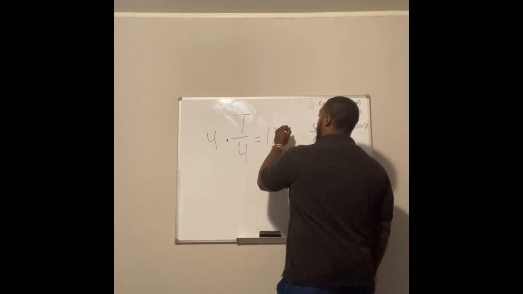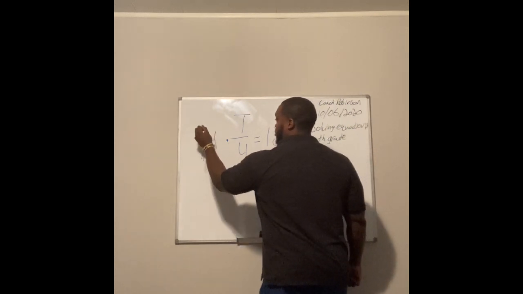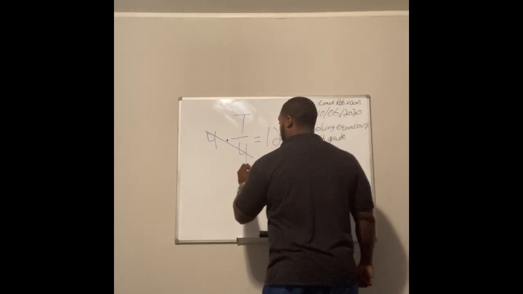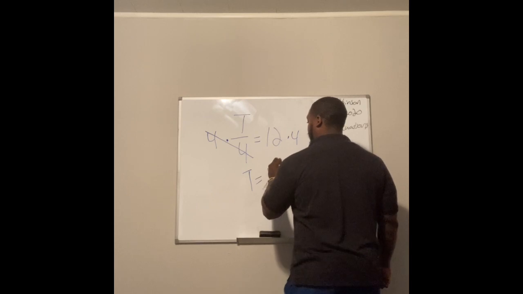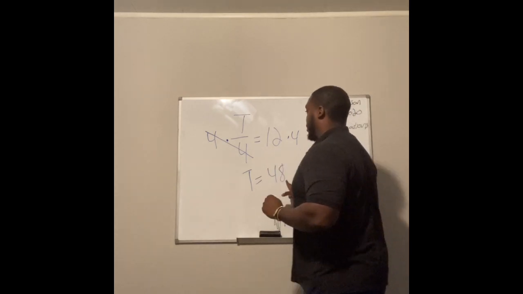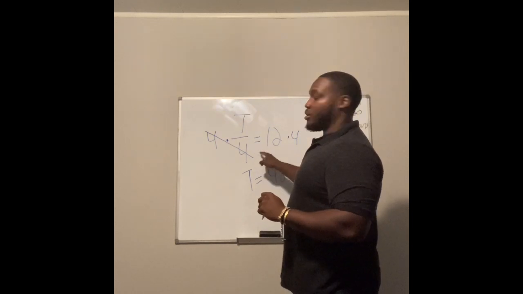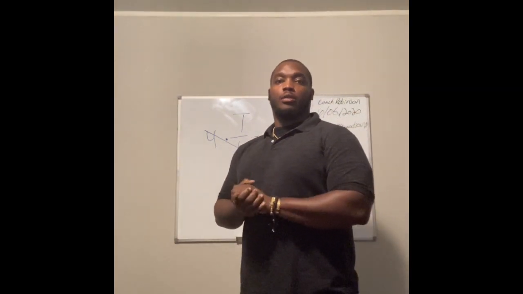So we're going to times 12 by 4 as well. The 4's will cancel out, isolating our variable t. T will equal 12 times 4, which is 48. And I should be able to plug in 48 for the variable t, divide by 4, and still get 12. So this concludes the 8th grade mathematical curriculum course.